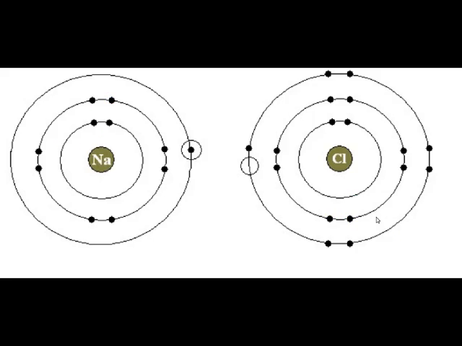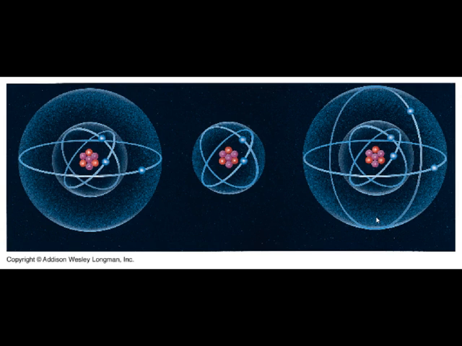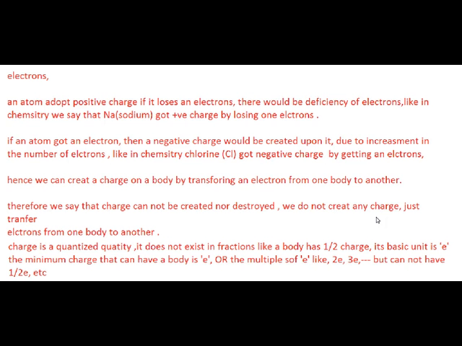Therefore, we can say that charge is a quantized quantity. Its basic unit is E. E is the charge of electron or proton. Hence, E is the minimum charge that a body can have.